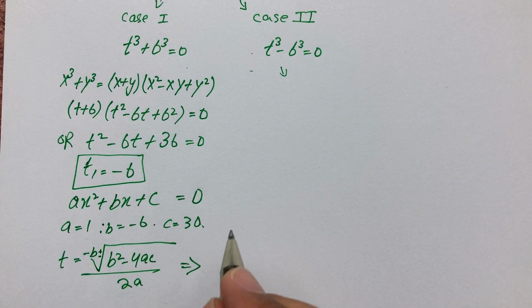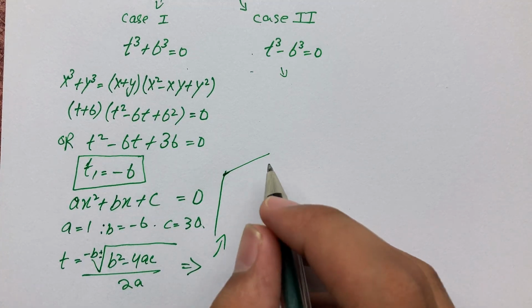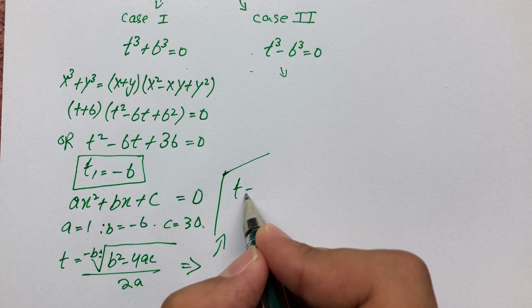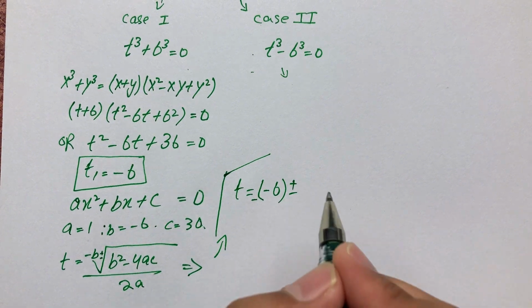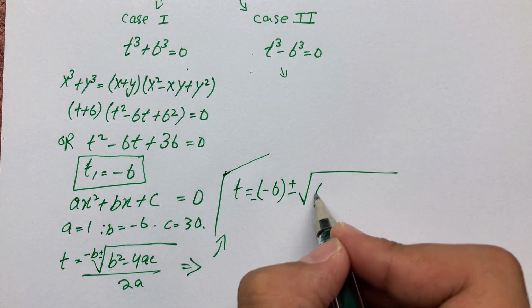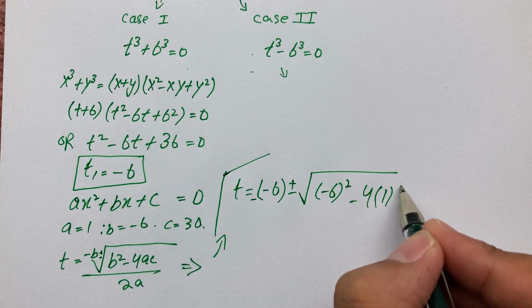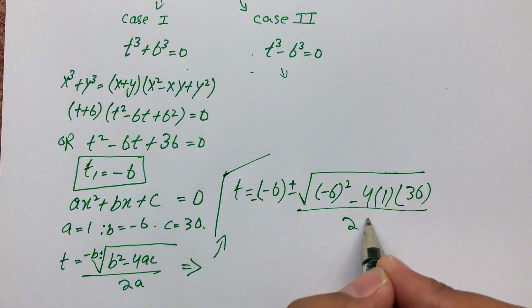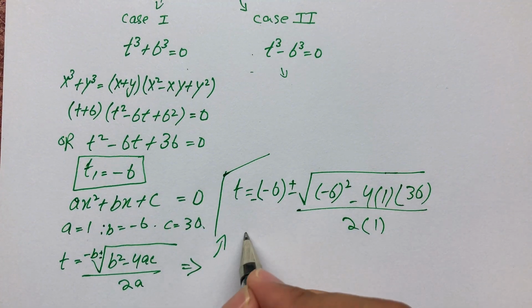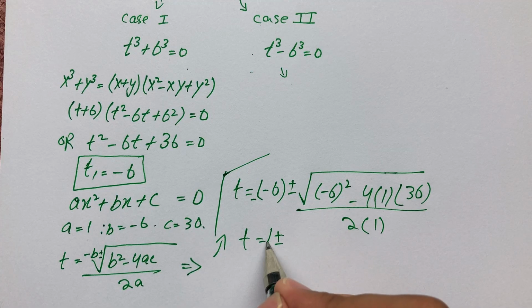After applying this, we get t is equal to minus into minus 6 plus minus under root minus 6 square minus 4 into 1 into 36 divided by 2 into 1.